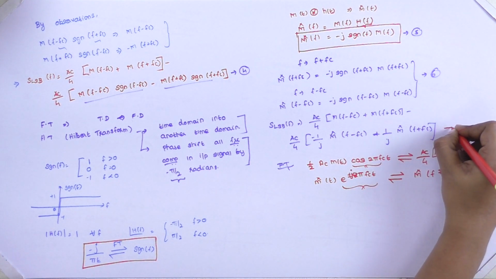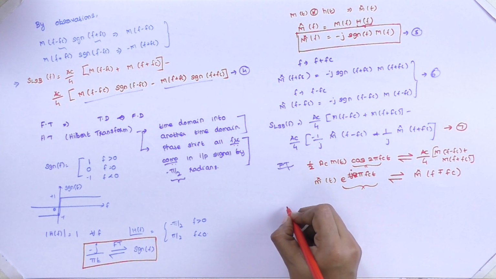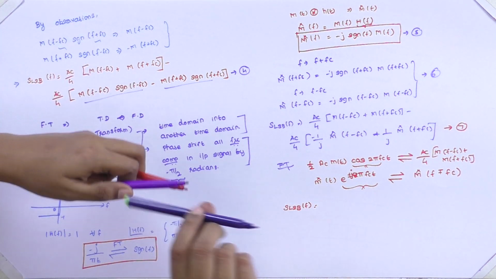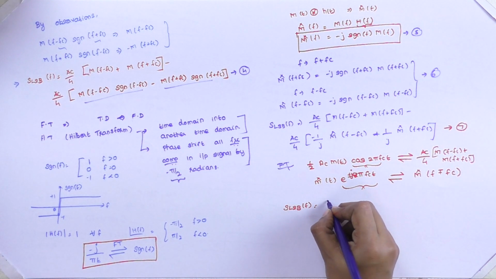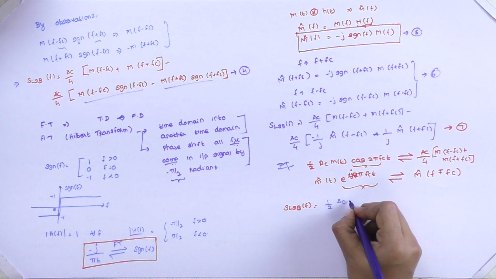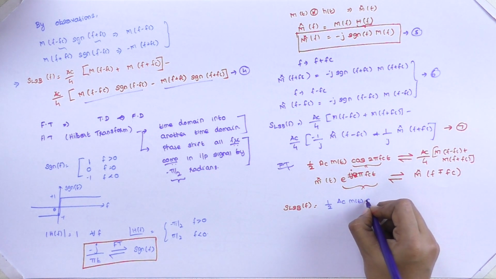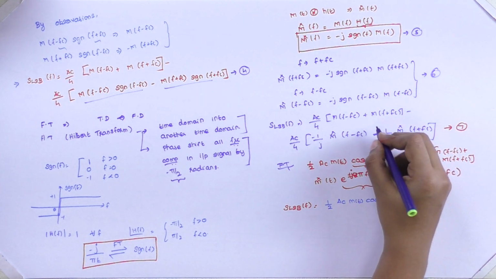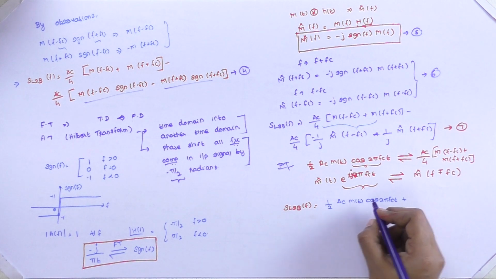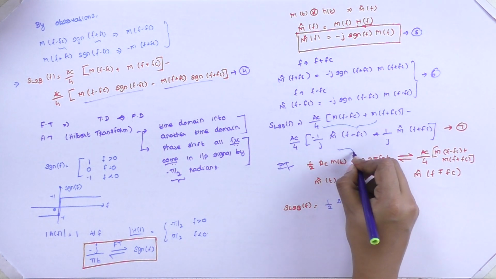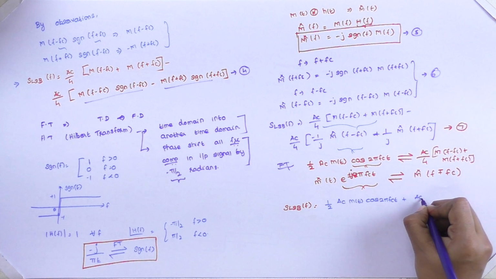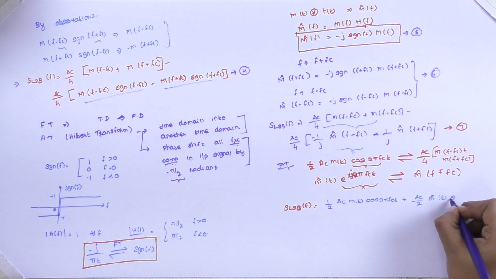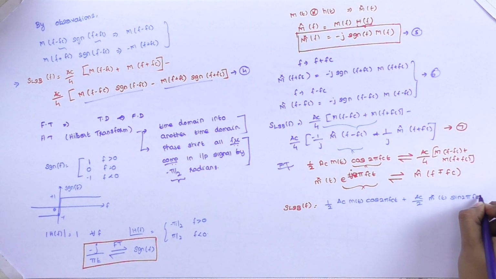Therefore, we will take this as equation number 7. Our equation number 7 will become LSB of t is equal to 1 by 2 AC m of t cos 2 pi fct plus, this term will be replaced as the cosine form into m of t, and this term will be replaced by AC by 2 m cap of t sin 2 pi fct.